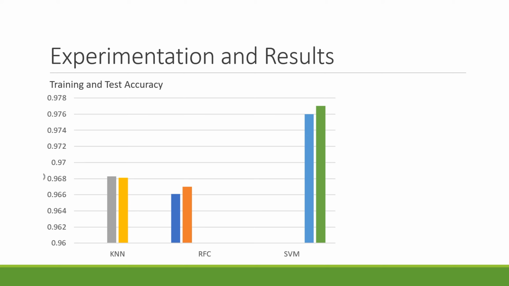It shows both the training and test accuracy. For KNN, it's 96.83 and 96.81 respectively. For RFC, it's 96.61 and 96.70. And for SVM, it's 97.60 and 97.70.